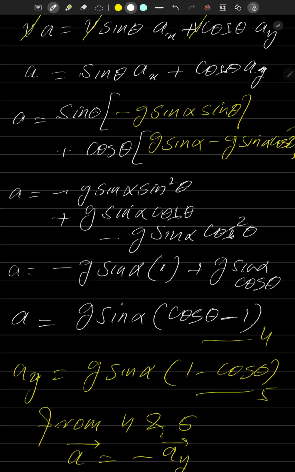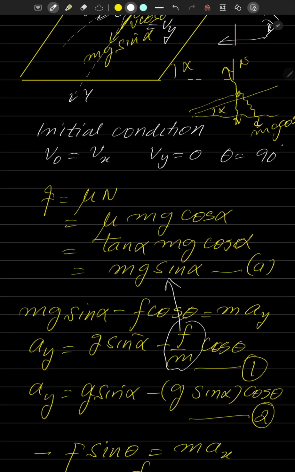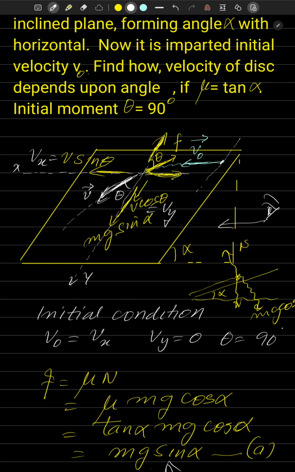So have a clear look at the problem once again. You have launched the particle horizontally along the x-axis. Afterwards, due to mg sine alpha, it starts bending down, accelerating down, and the friction in this case does two things simultaneously.